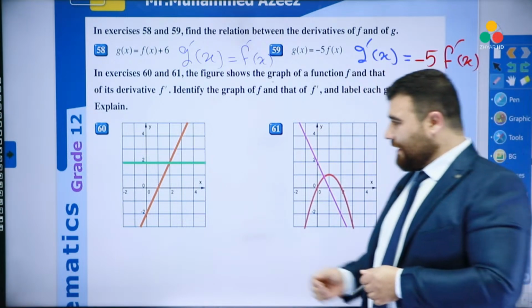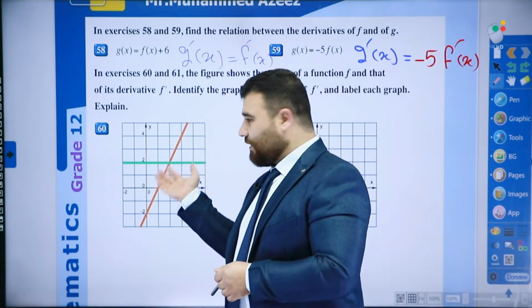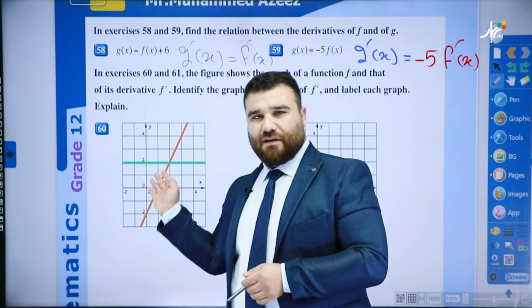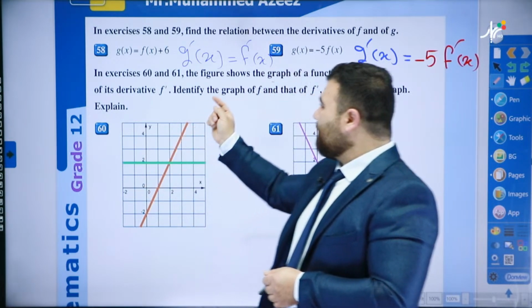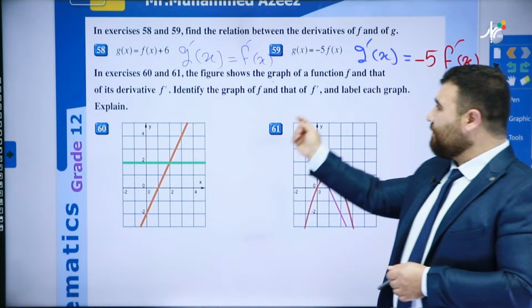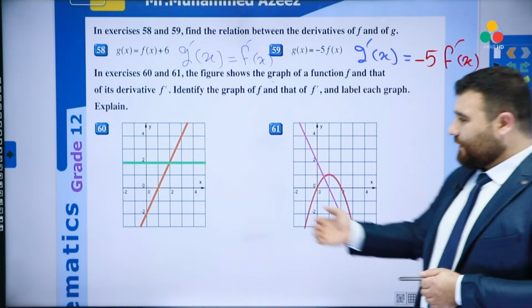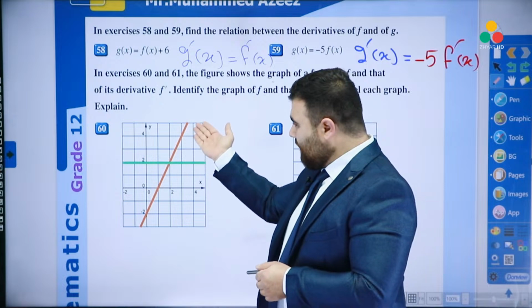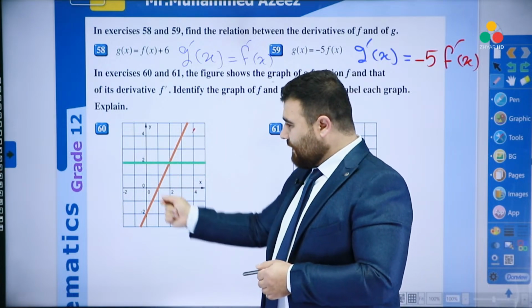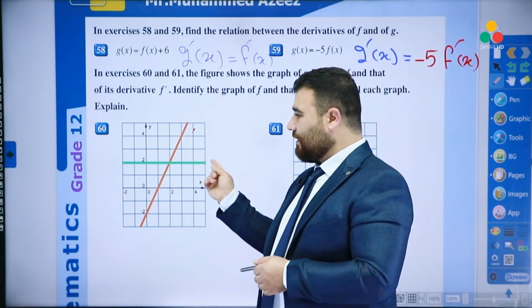In the next question we have two graphs in the same xy coordinate plane. We need to label which of these is f and which of these is the derivative, f prime. Look at these. This is a linear function and this is a constant function.